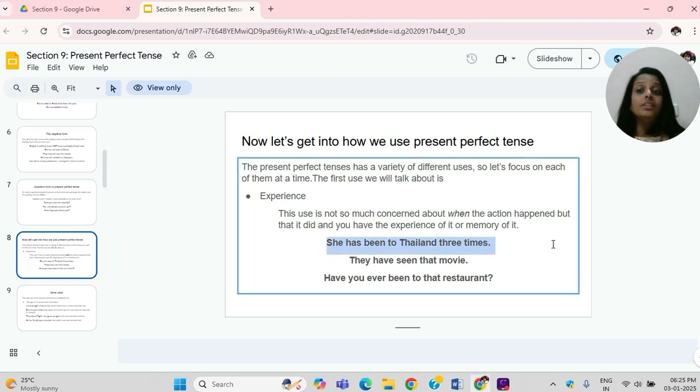So here, this highlights her travel experience to Thailand, not focusing on exact dates or times. And the next one, they have seen that movie. So here the emphasis is on the fact that they have had the experience of watching the movie. And the last one is, have you ever been to that restaurant? So here this one asks if the listener has the experience of visiting the restaurant.